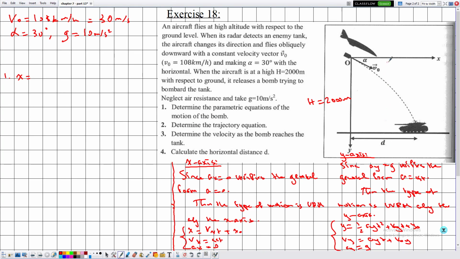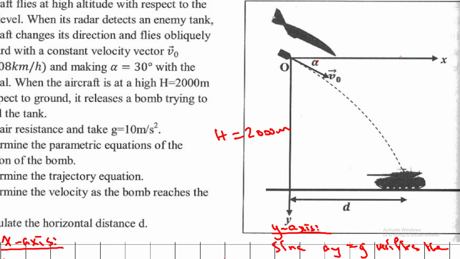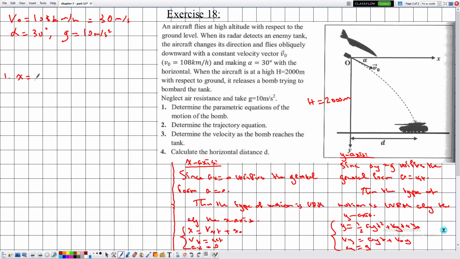The only instant in which we know the velocity vector is given by v_0. So v_x is equal to v_0x because it is constant. What's v_0x? It's the projection of v_0 on the x-axis, so it's plus v_0 multiplied by the cosine of this angle, which is cosine alpha. So v_x is given by v_0 cosine alpha, a_x is equal to 0, and x is v_0 cosine alpha t plus x_0, which is 0.